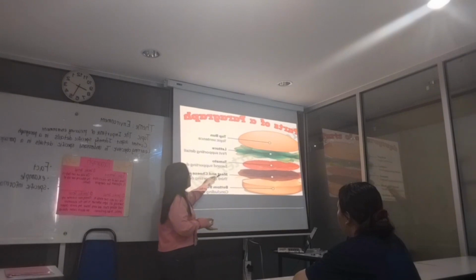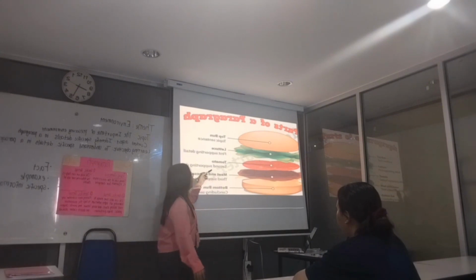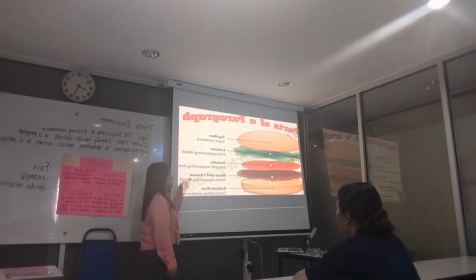And following that, meat and cheese, which are also the third supporting details. It doesn't matter how many sentences are in a paragraph, and it helps to support the topic sentence. So in this method, you have to do the topic sentence first, followed by the supporting details.